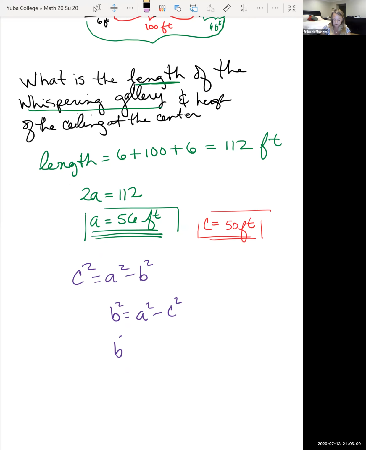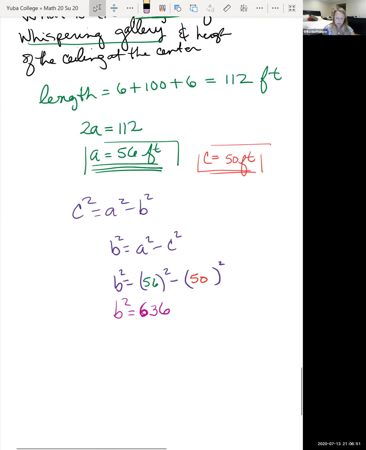So B squared is equal to A squared, which is 56, minus C squared, and C is 50. So we get B squared is equal to 636.